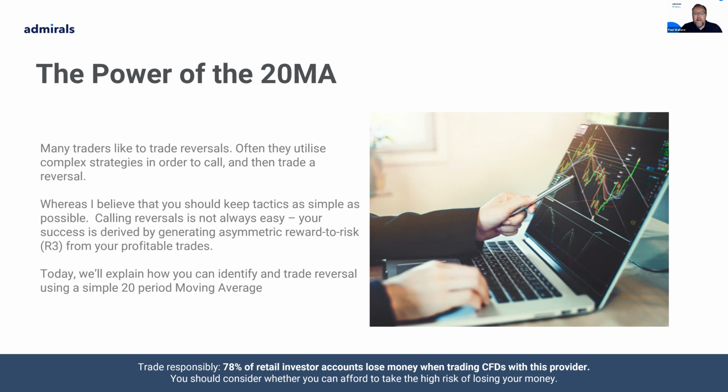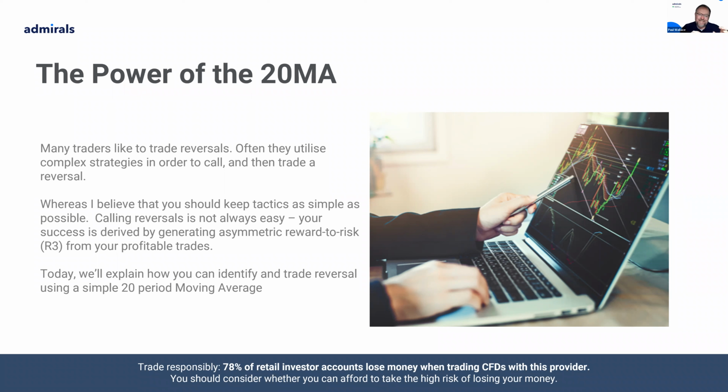As I've said, many people like to trade reversals, and many like to trade trends, and you can utilize the 20 period moving average for both. But today, we're going to focus mostly on how to use it for trading reversals. Those of you who've joined me on previous sessions will know I'm a great believer that less is more.